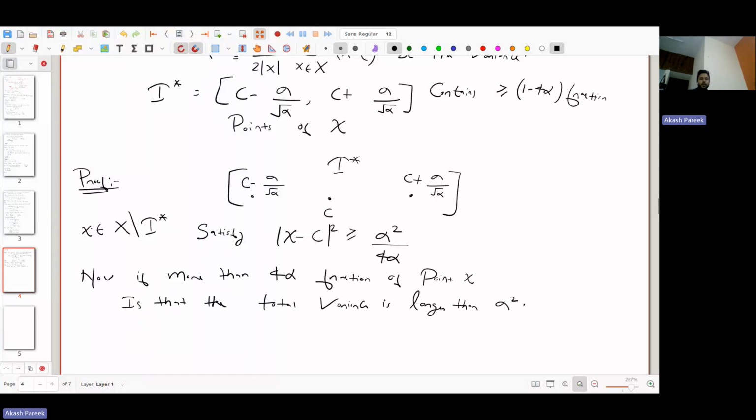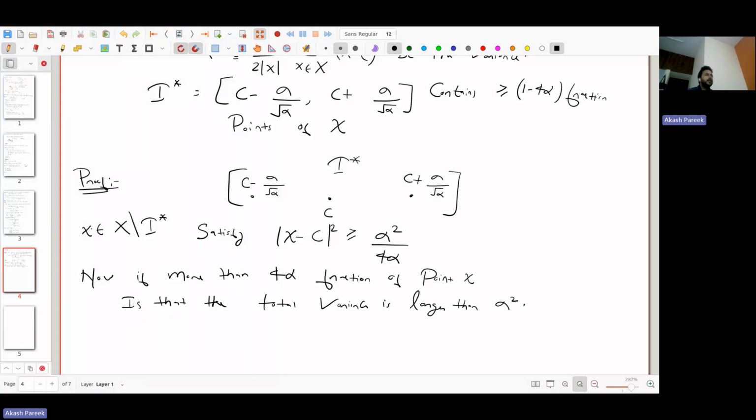So the number of points outside this interval can be at most 4 alpha. That means within this interval there are at least 1 minus 4 alpha fraction of points. Suppose the number of points outside this interval is 8 alpha, then you'll end up having the total variance be 2 sigma square, which is a contradiction.